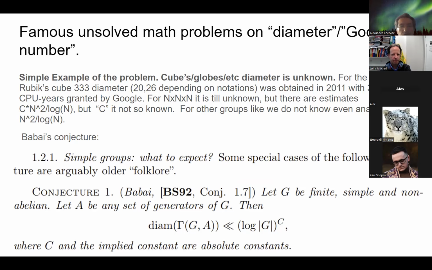The number of moves such that you will solve any puzzle. Whatever you scramble, in this number of moves, you will solve it. In graph language, this is the diameter. That means the distance to the most distant point on the graph.